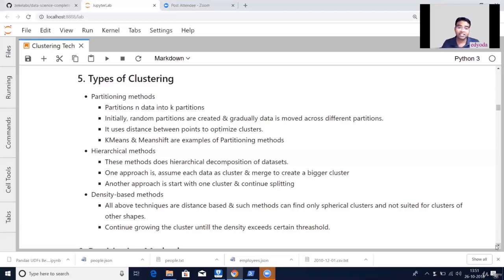In this technique, data points try to go to a cluster, forming a bigger cluster as long as it does not exceed a threshold. If you have a point, it tries to find a cluster near it, which can be of any shape. So it's not based on distance vectors, which is why density-based clusters can be of any shape. So let's proceed further with understanding more about partitioning methods.